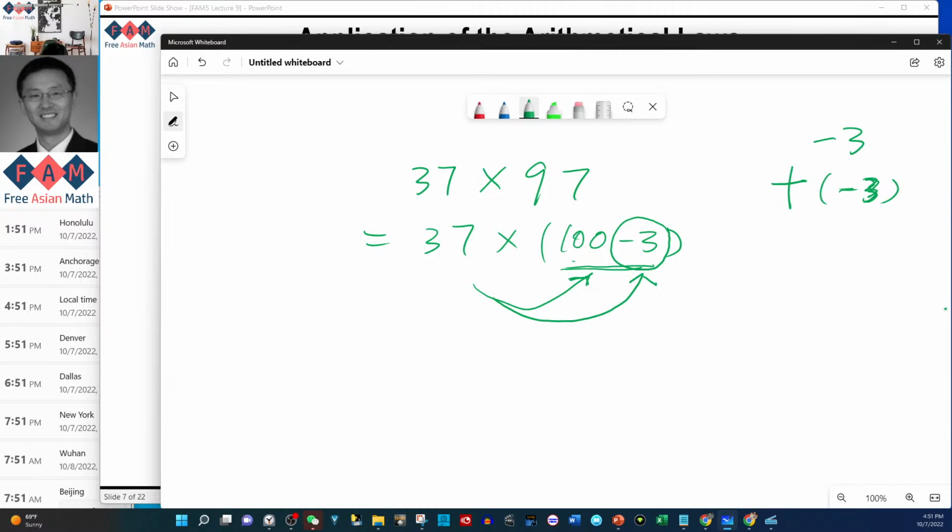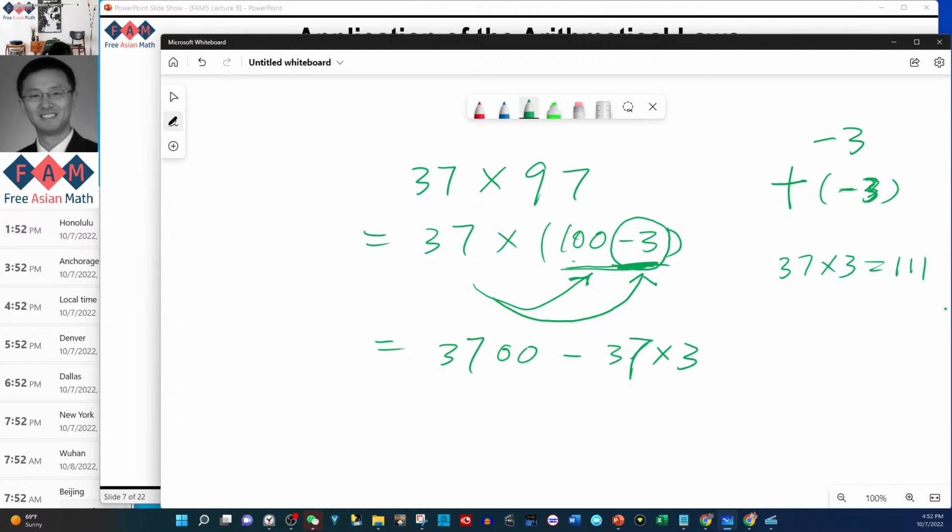Therefore, you can also use associative, commutative, and distributive law with a subtraction if you properly convert a subtracting problem into addition problem. Okay, so this, because distributive law also works in this case, even when subtraction is involved. So this is 3700 subtract.